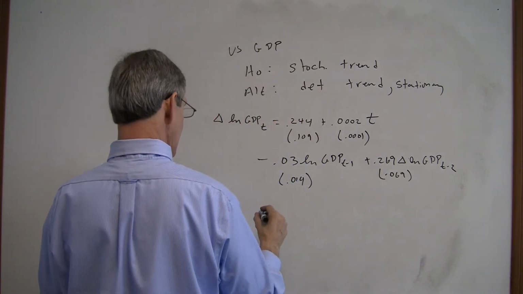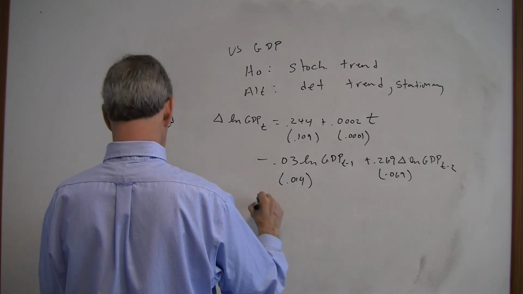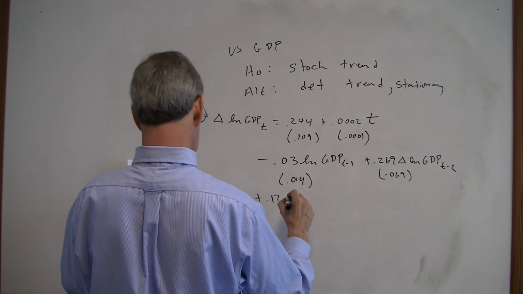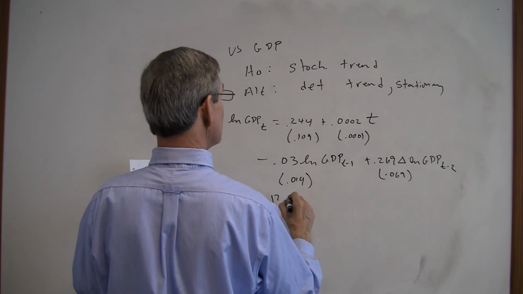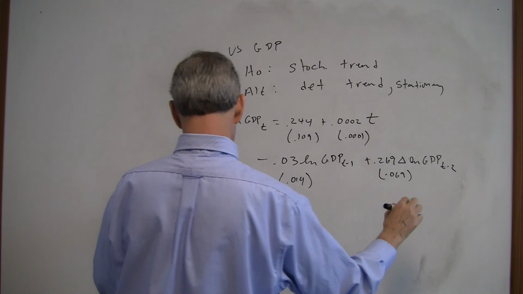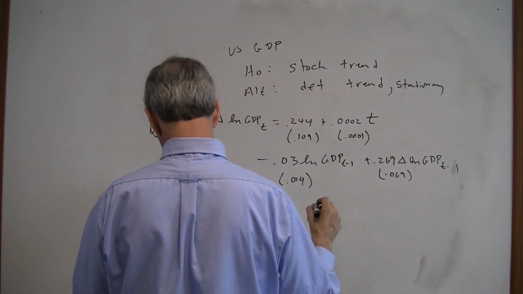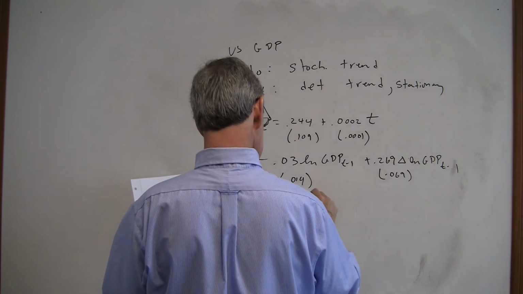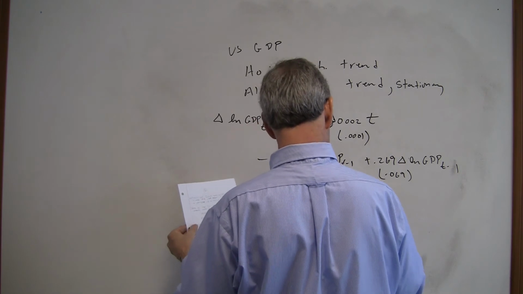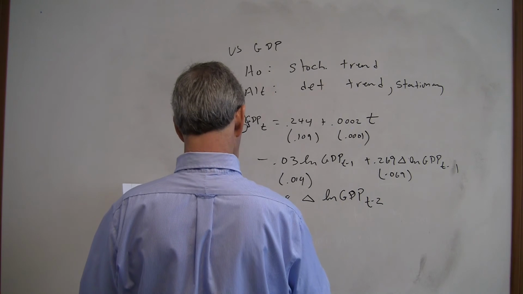So they estimated an AR3 plus 0.178. I'm sorry, an AR2. 0.1, this is T minus 1. Trying to think ahead here and talk at the same time, and it's not working. So let me focus in on GDP at T minus 2, and this is 0.070.